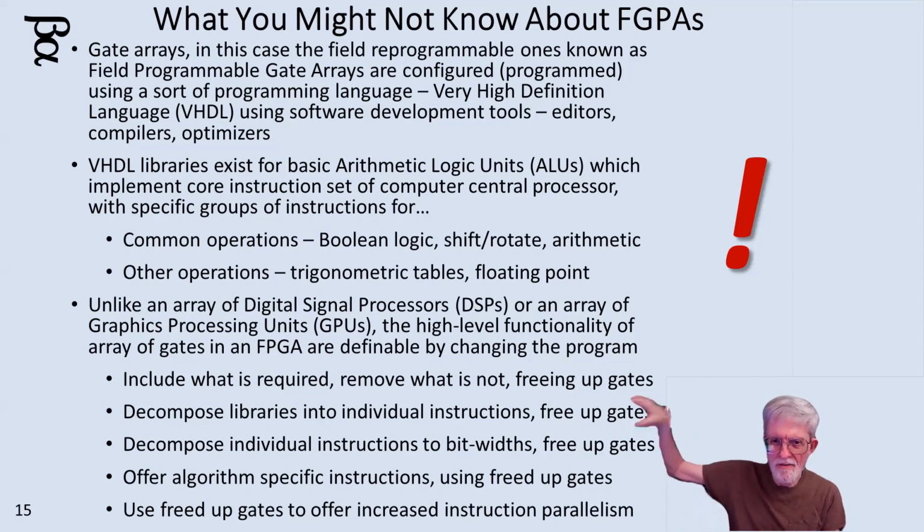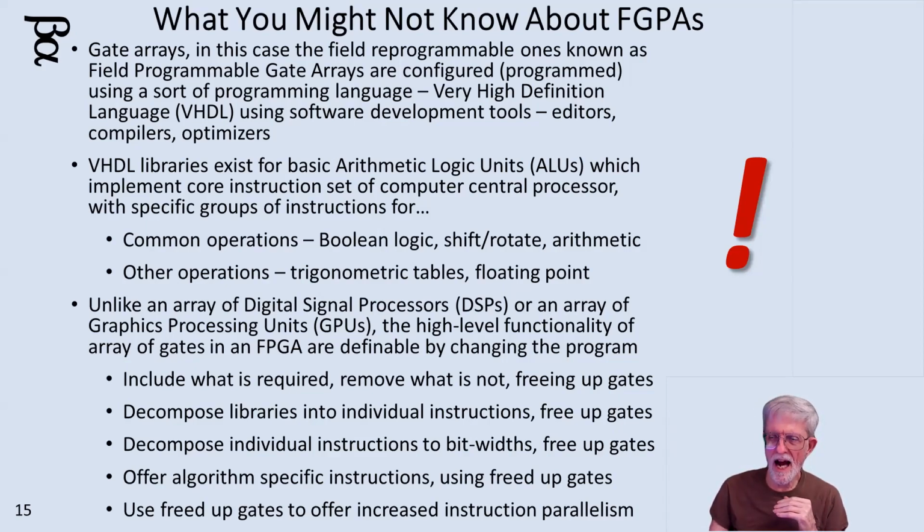I can actually get a software library in VHDL that says, here's an ALU, here's the characteristics of it, and plop that into my FPGA, and then connect up lines to that data. And now I have a processor specifically designed for my needs. You can decompose those ALUs into their individual instructions.